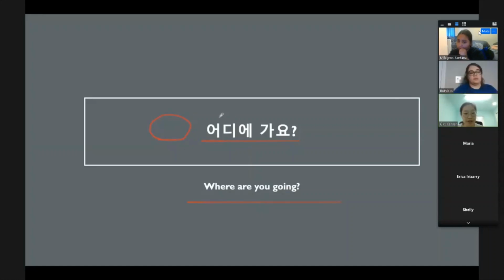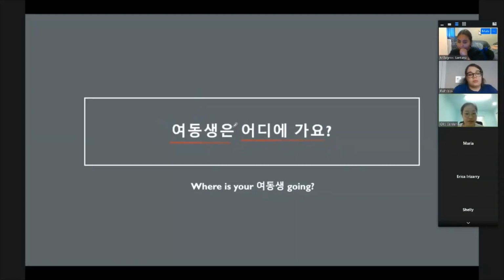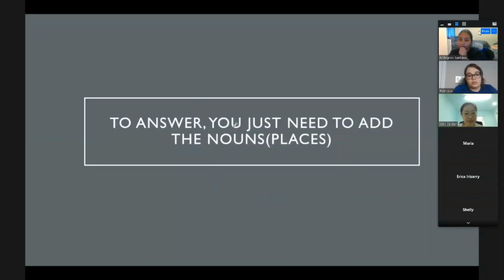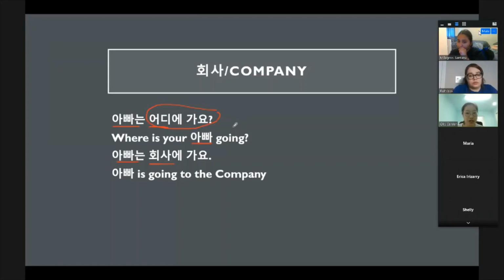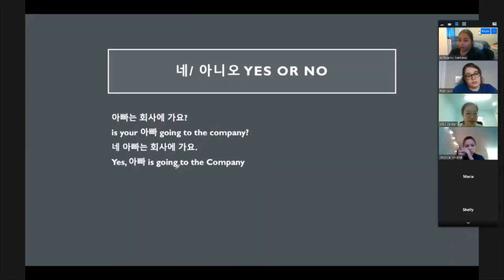And to be more specific, you can add the places because it just means where. And that could be added when you answer. So you add a specific person and then a specific place. You can also ask, 아빠는 회사에 가요?